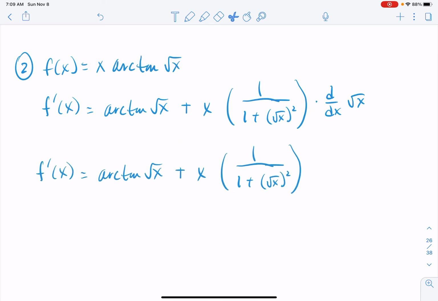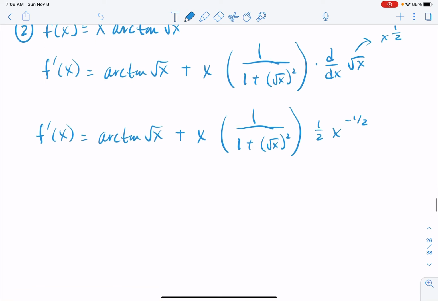There we go. All right, and then the derivative of that guy, we want to think of it as x to the 1/2 power, of course. Leapfrog that 1/2 down, x to the -1/2 power. All right, now as far as this goes, this is going to stay where it's at. This x is going to come up to the top. This 2 will go down to the bottom here.